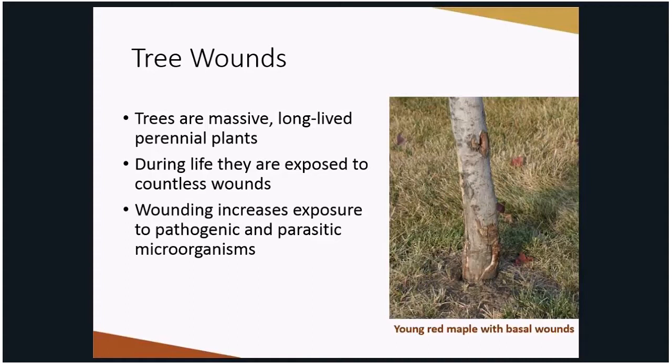And all of those wounds increase their exposure to pathogens and parasites. It's the opening introduction for a parasite or a pathogen to move into the tree and start the process of decay and hurt the tree. So throughout their lives, trees have to continually react and change and do things to stop the introduction of some of these pathogens.